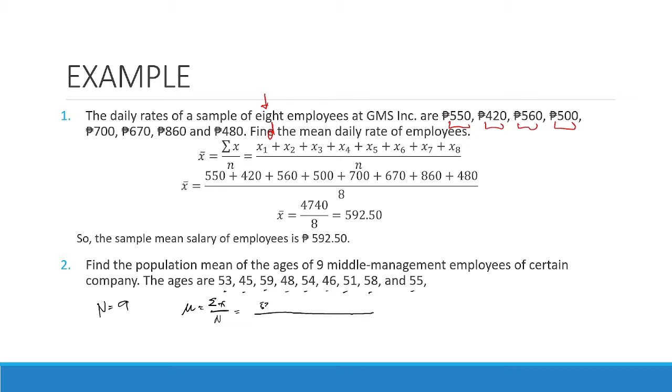So we have here 53 plus 45 plus 59 plus 48 plus 54 plus 46 plus 51 plus 58 plus 55 all over 9. So, if you are to compute that, let me just compute.